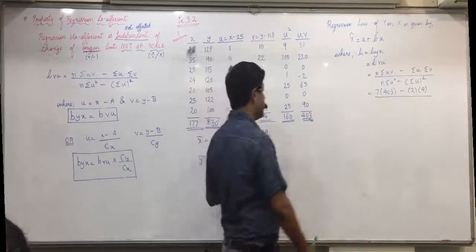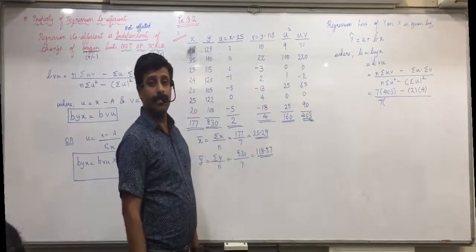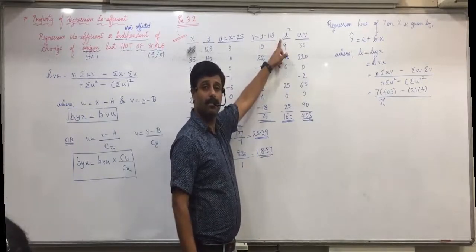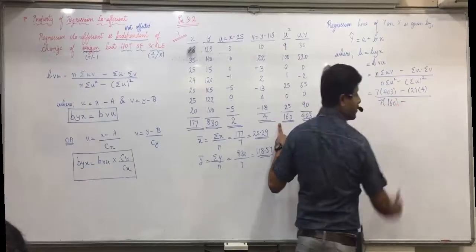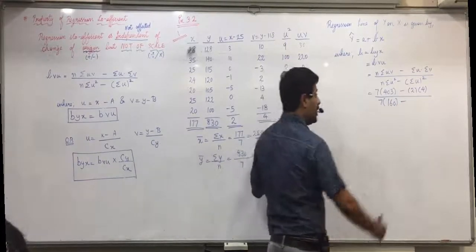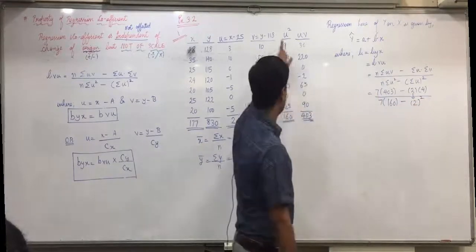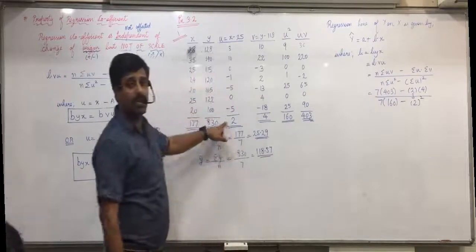Again n is 7. Sigma u square is 160. Sigma u whole square is 2 square.